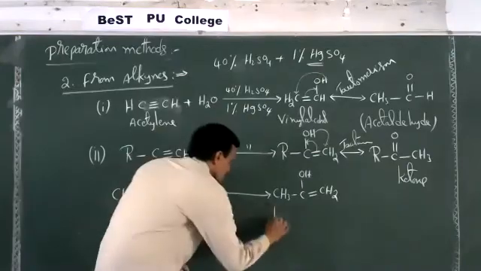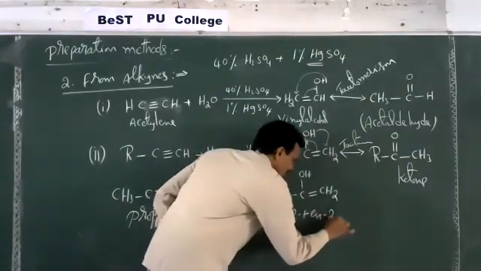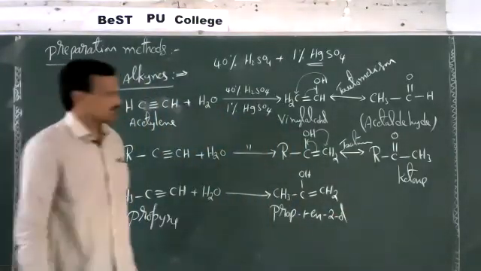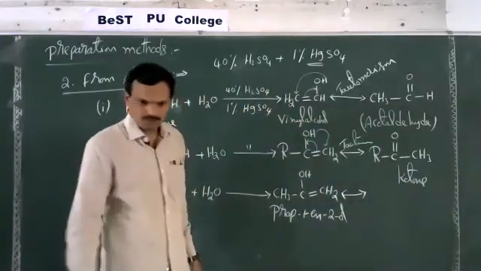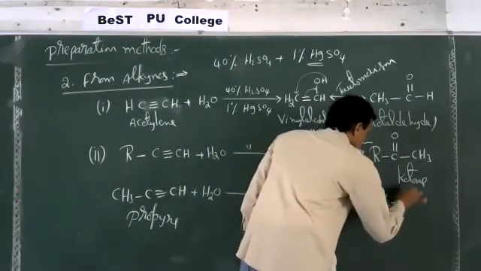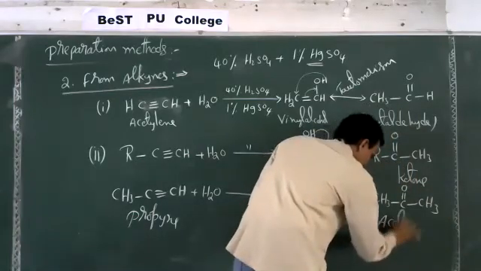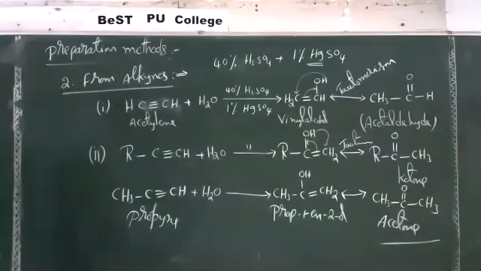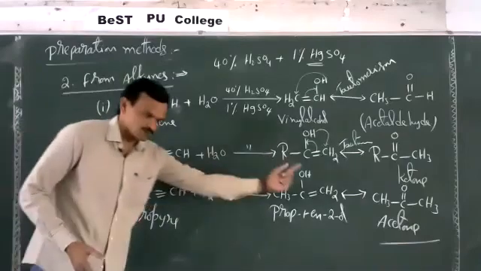It is prop-1-en-2-ol. And this prop-1-en-2-ol undergoes tautomerism and gives CH3 CO CH3, nothing but acetone. Acetone will be formed as the product here.